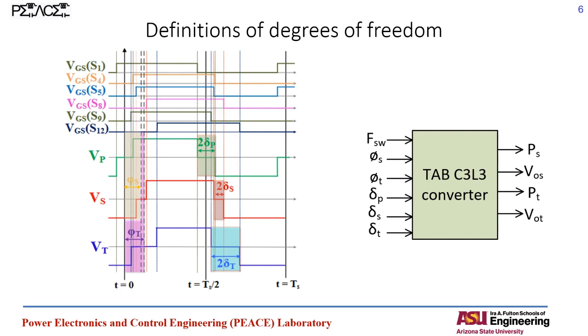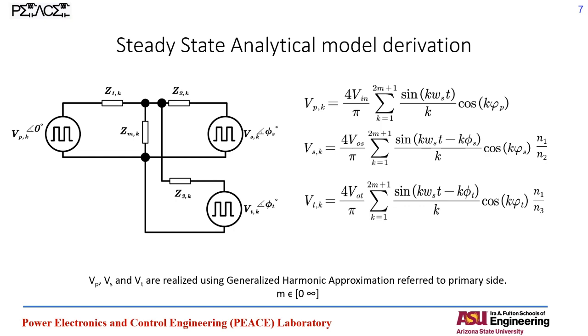Having defined those, let's move on to the steady state analytical model derivation. As I said previously, we can replace the three active full bridges by quasi-square wave generating voltage sources, and the RLC networks by equivalent impedances, and we calculate each of those values at the harmonics of the switching frequency, which we provide at the input.